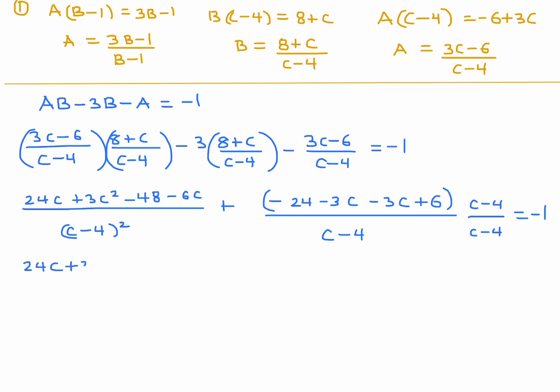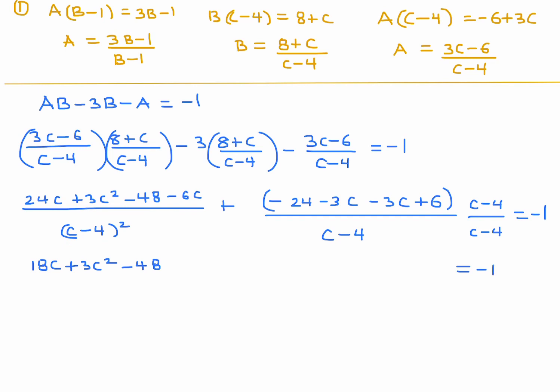Okay, so this remains the same: 24c plus 3c squared minus 48 minus 6c. But I can combine those, right? The 24c and the minus 6c can be combined to give you just 18c. And then I'm going to cross multiply. So instead of having it in the denominator, I'm going to bring it over to combine with the negative 1, cross multiply it.